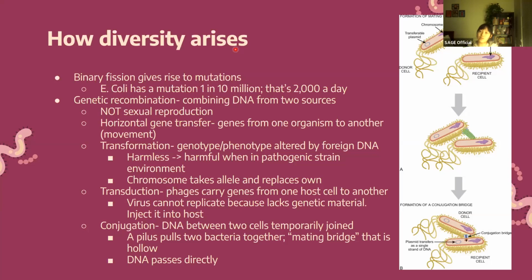Mutations are when your genes don't follow the code how they are supposed to, and they give rise to new codes. The high mutation rate of bacteria like E. coli is 1 in 10 million. That's not a lot until you realize that that's more than 2,000 mutations happening in one day.